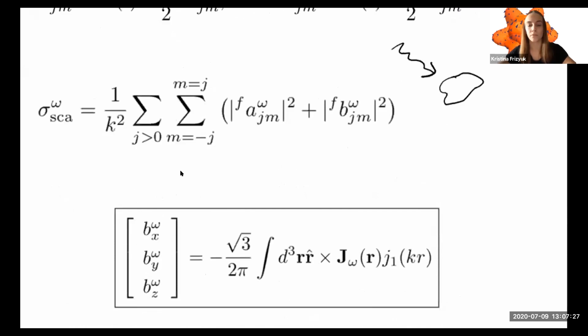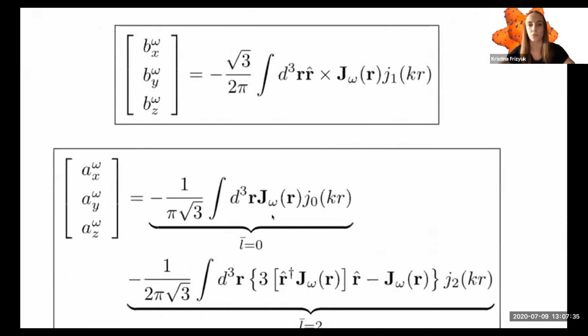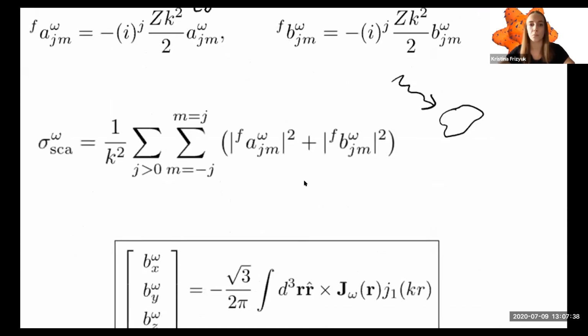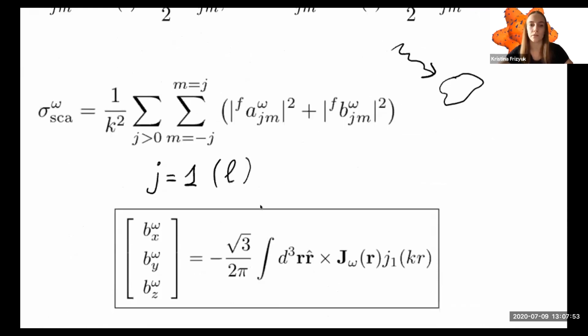How do we do this? You can do this with these nice formulas. We will only speak now about the dipolar case, so J equals 1, or angular momentum, which is L in Andrew's notation, equals 1. But you can do absolutely the same thing for quadrupoles, octupoles, and so on.